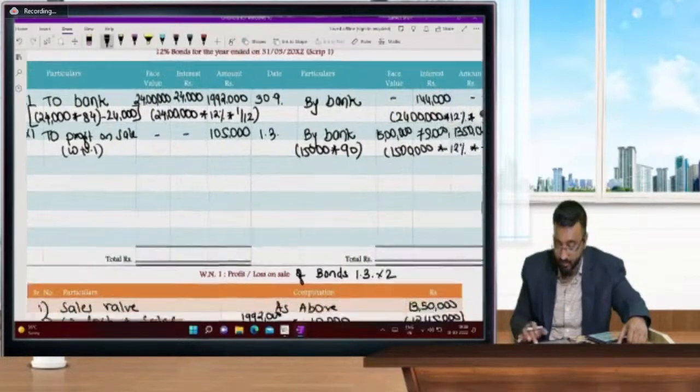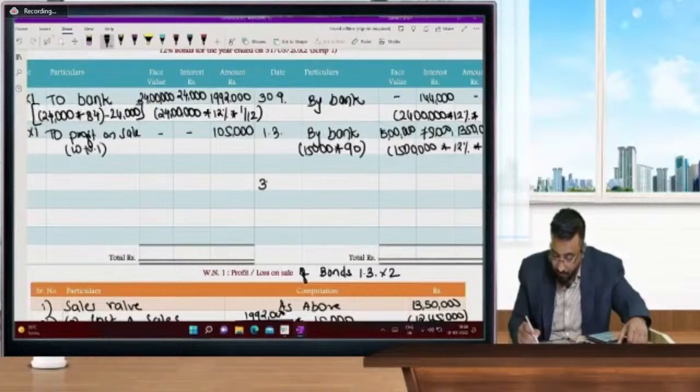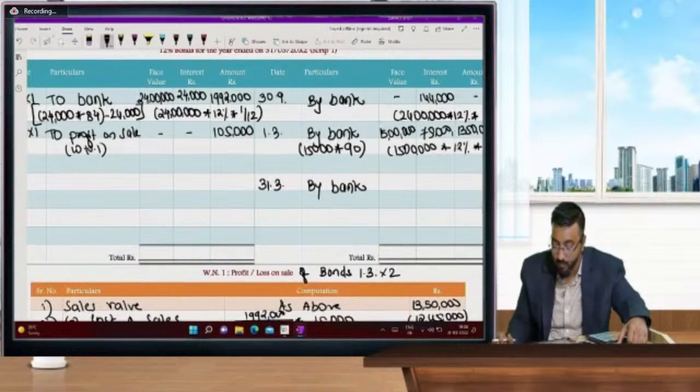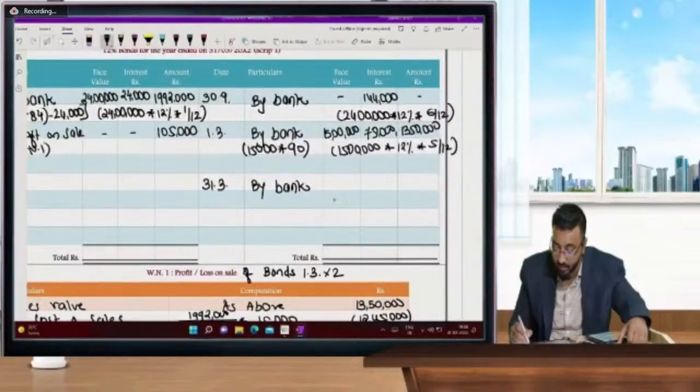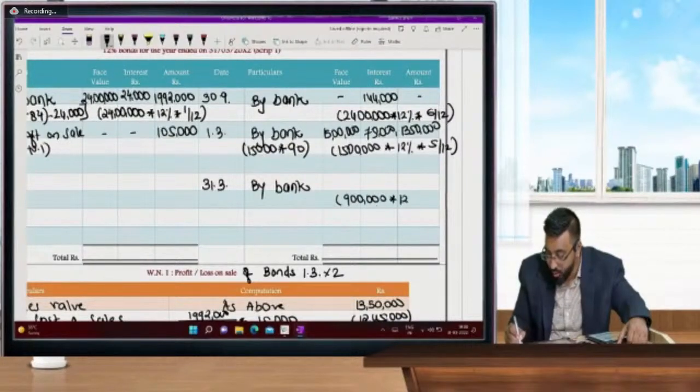Next date, 31st March, by bank. How many debentures are you left with? 9 lakhs into how many months?